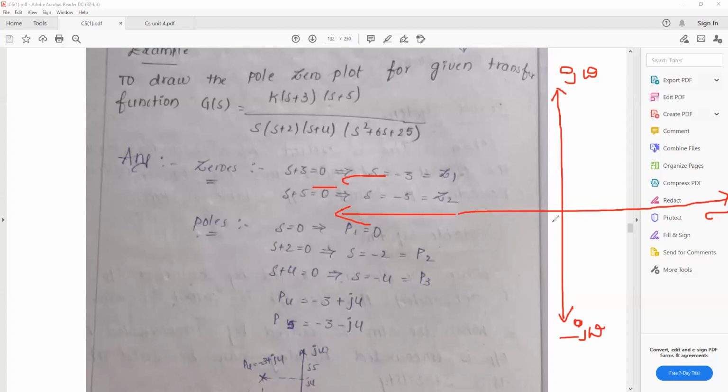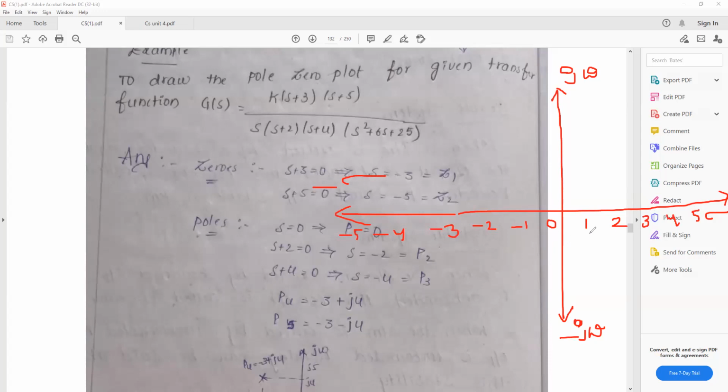So take 0, -1, -2, -3, -4, -5 on the negative side, and on the positive side 1, 2, 3, 4, 5.